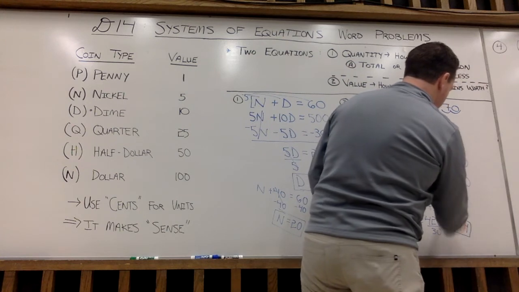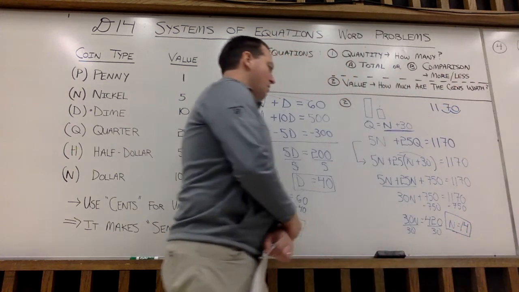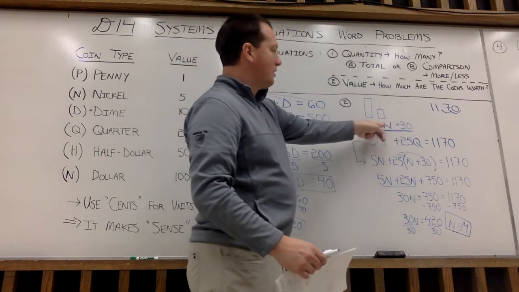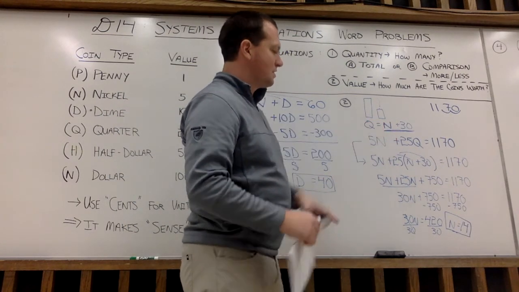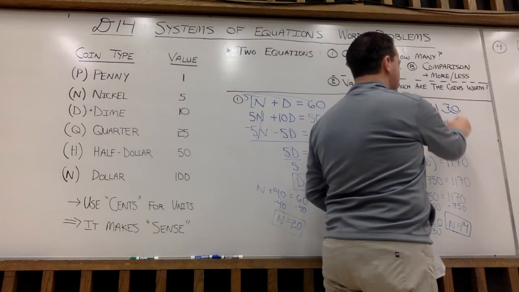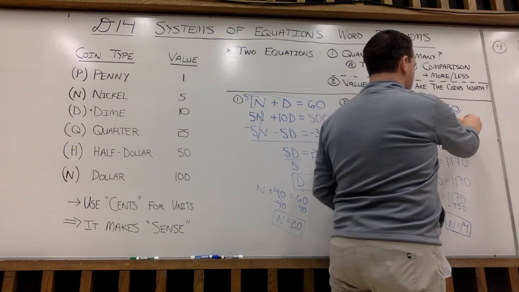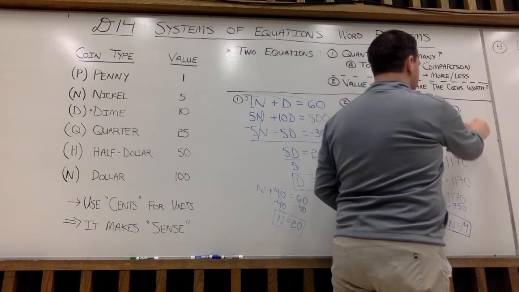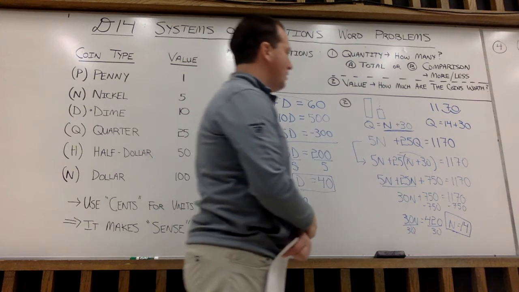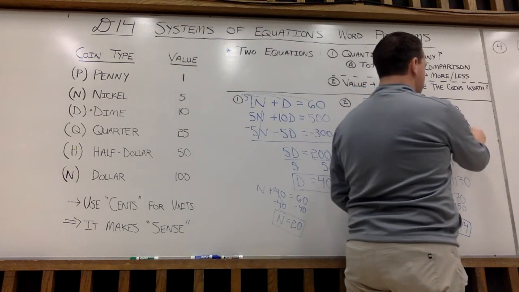So I have 14 nickels. My quarters then are going to be 30 more than the nickel. So if I plug in 14 for n, my q quarters will be 14 plus 30. 14 plus 30 is 44.